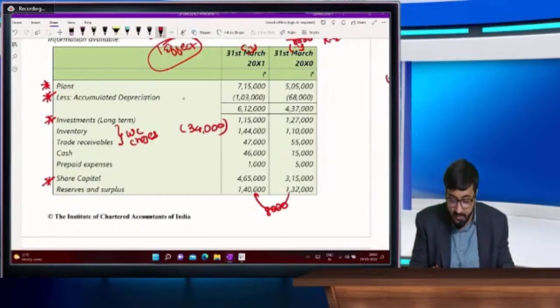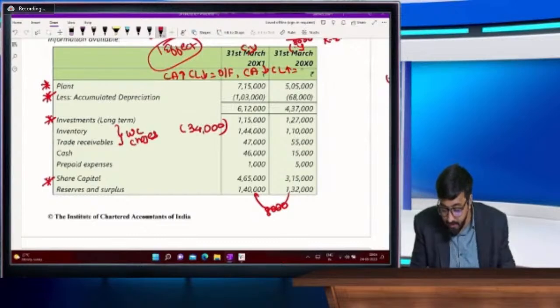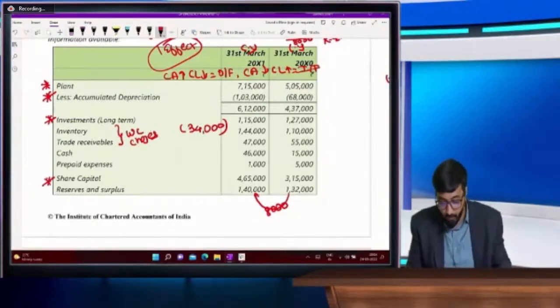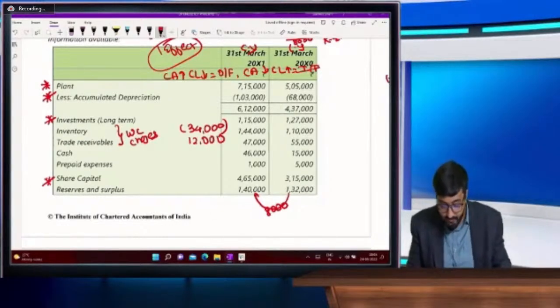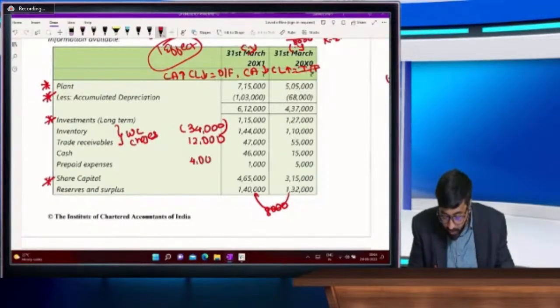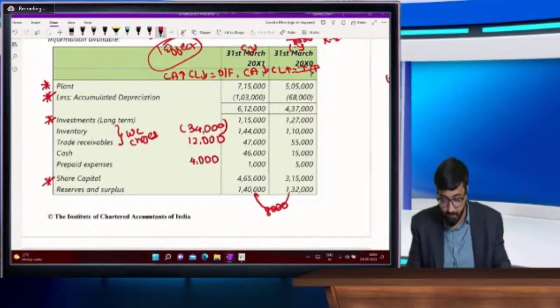Current asset increase or current liability decrease is outflow. If current asset decreases or current liability increases, inflow. So this is outflow. Trade receivable 55 to 47, 12,000 inflow, current asset decrease. Prepaid expense from 5,000 moves to 1,000, so 4,000 decrease. Inflow, so a decrease in current asset means inflow. 4,000 inflow. You can check here.